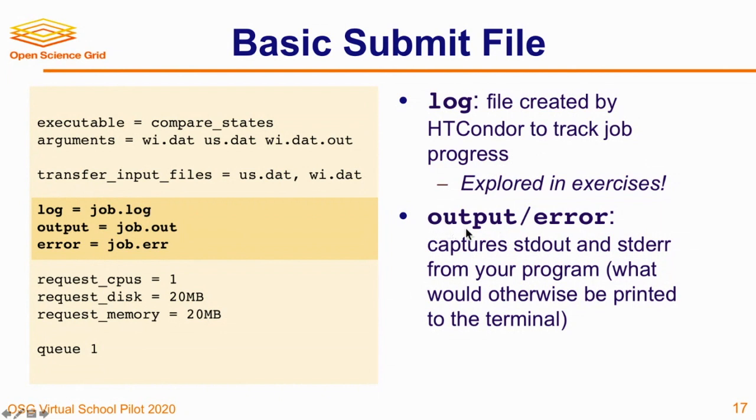We'll explain that later. And then you can also ask Condor to capture what's called the standard output or standard error from your program. Whether you realize it or not, if you've run programs on the command line or even in a MATLAB terminal, you'll typically see output back to the screen or the terminal. And that is usually what we call standard output.